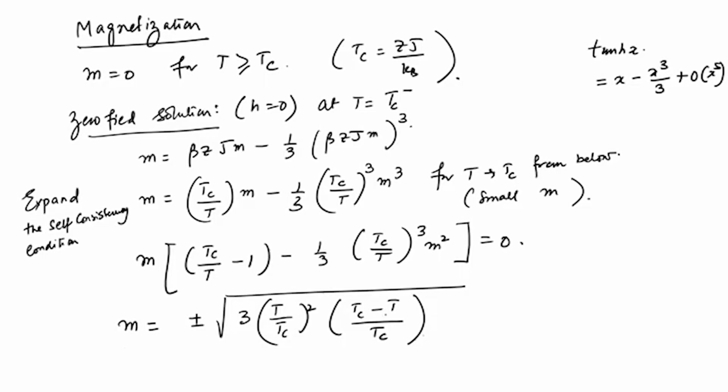And you see, as you put T equal to Tc, then of course it goes to 0, okay. But very close to Tc, the behavior of magnetization with temperature is given by this formula. So, it is m of T at T tending to Tc minus, okay. So, this is the formula for that, and then one can do further analysis of that.